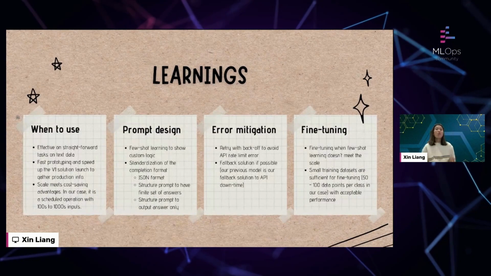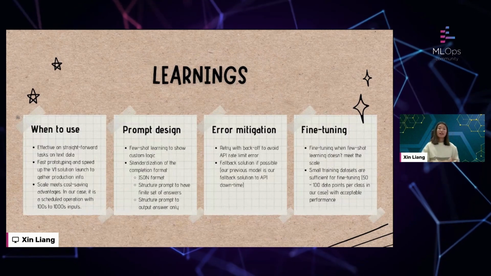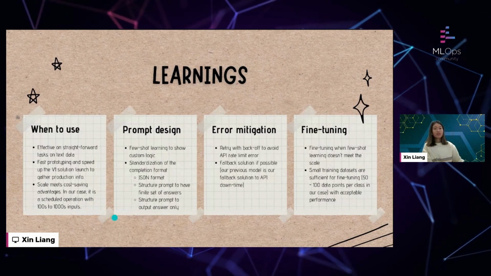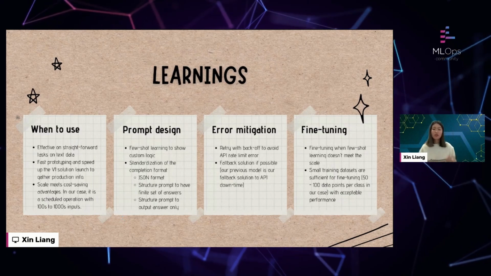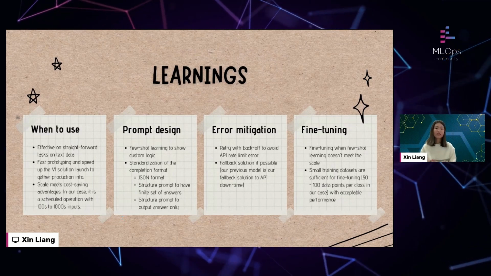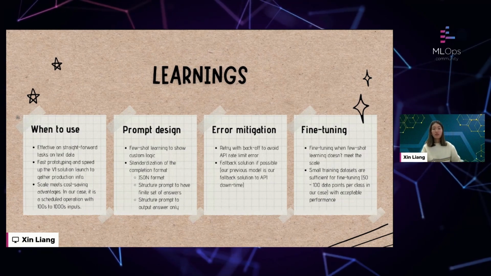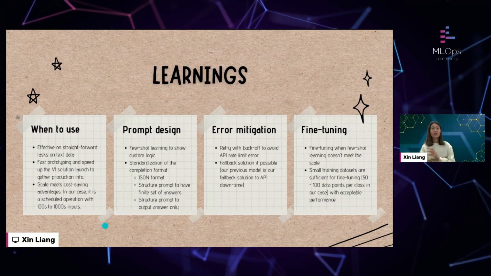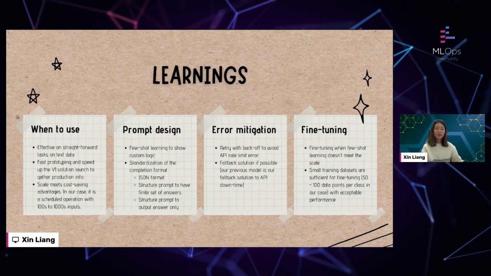And here are some takeaways from this use case of us evaluating the LLMs. When to use LLM's API? It is effective on straightforward tasks on text data, and it helps fast prototyping and speeds up the solution launch of the first iteration to gather more production information.